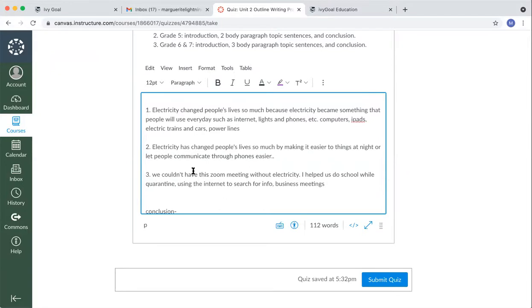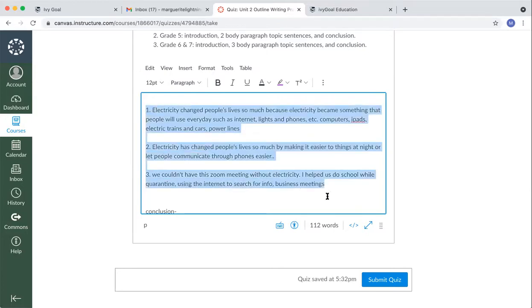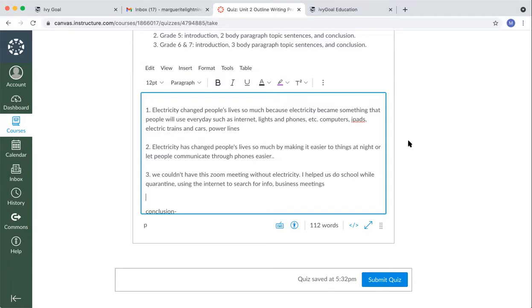Okay, so what I want you to do in the chat box is I want you to choose 1, 2, or 3 and type it in the chat box for me. Just the number 1, 2, or 3, whichever one you want to focus on most. Still looking for everybody to type it in. Okay, I see a 2.